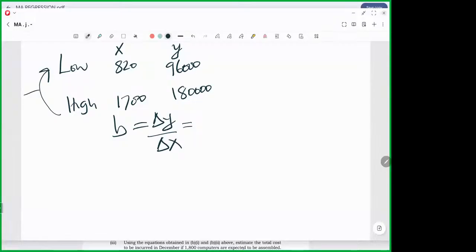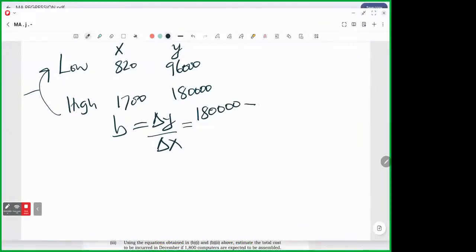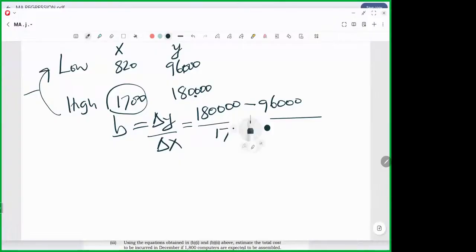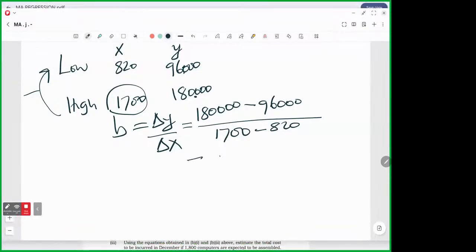So that will be 180,000 minus 96,000. How about X? Change in X, 1700 minus 820. So go ahead and give me the numerator, and then the denominator.